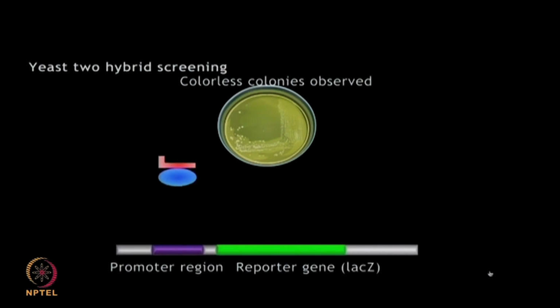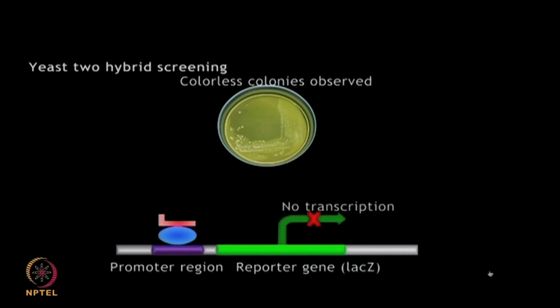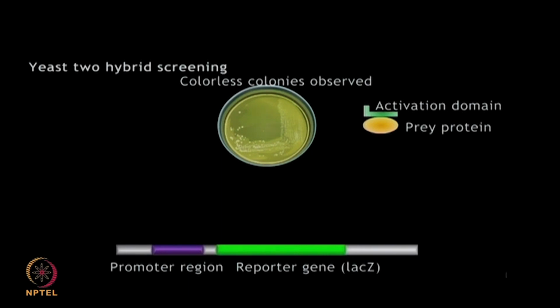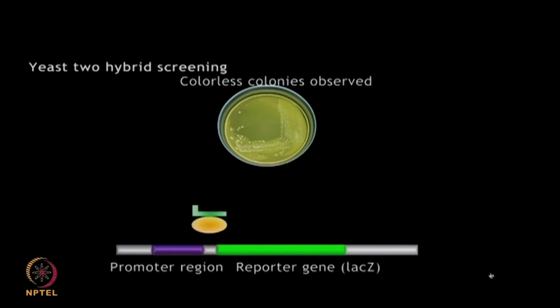The binding domain is fused with the bait protein, while the activation domain is fused with the prey protein. Binding of either one of the fusion proteins to the promoter is not sufficient to bring about transcription of the gene. The two-hybrid screening protocol uses this interaction as the basis for screening protein-protein interactions.